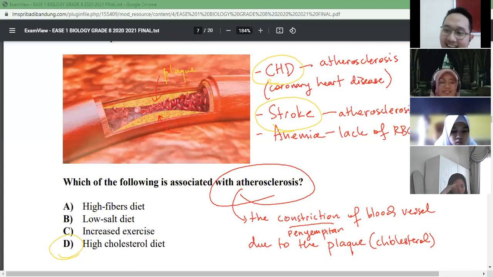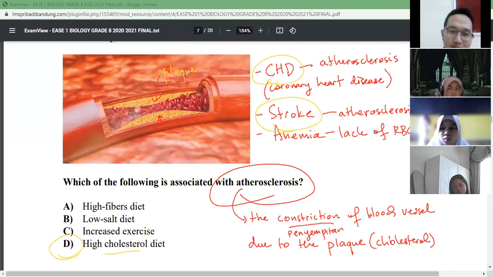I don't know. It's based on people. Okay, busy people. But it's good like that. If you eat much cholesterol, you must be busy or active so that this cholesterol can be burned, and it does not make a plaque like this.